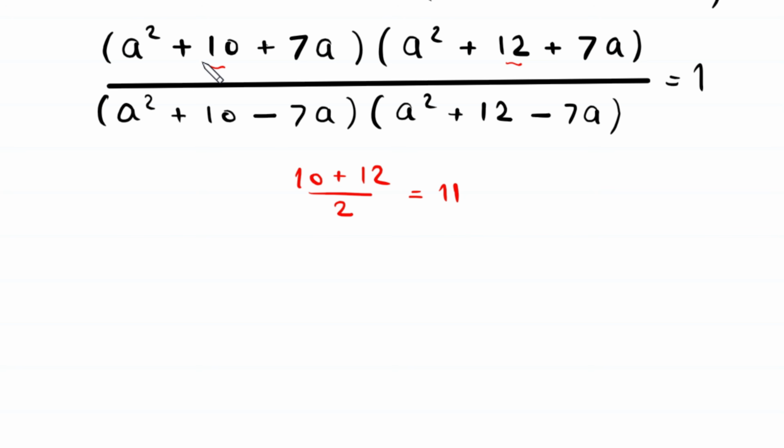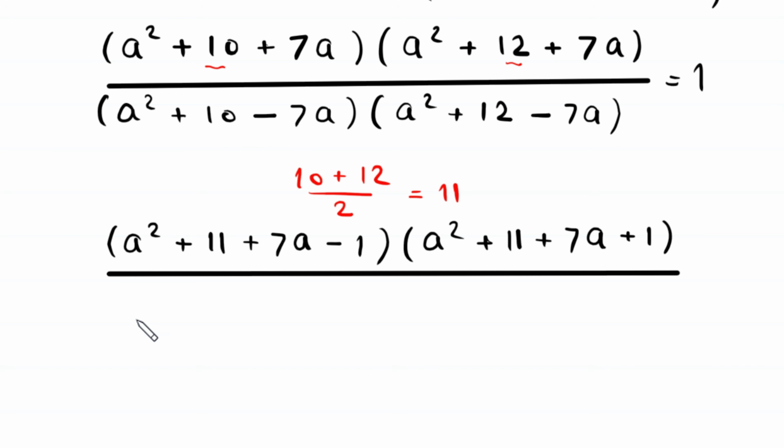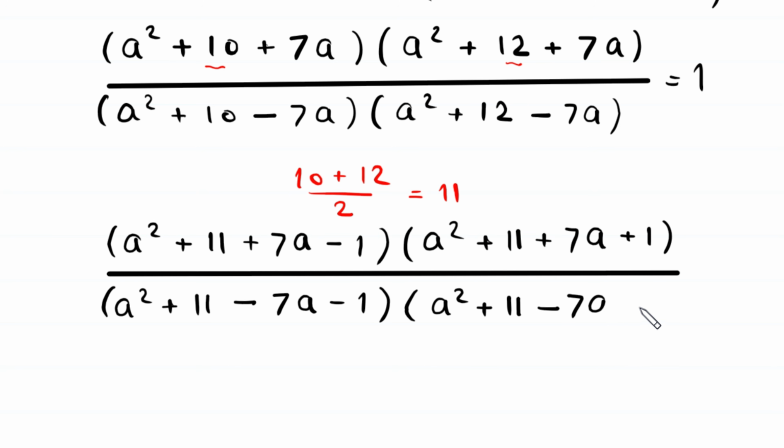So we rewrite this expression as (a squared plus 11 plus 7a minus 1) times (a squared plus 11 plus 7a plus 1) divided by (a squared plus 11 minus 7a minus 1) times (a squared plus 11 minus 7a plus 1) equal to 1.